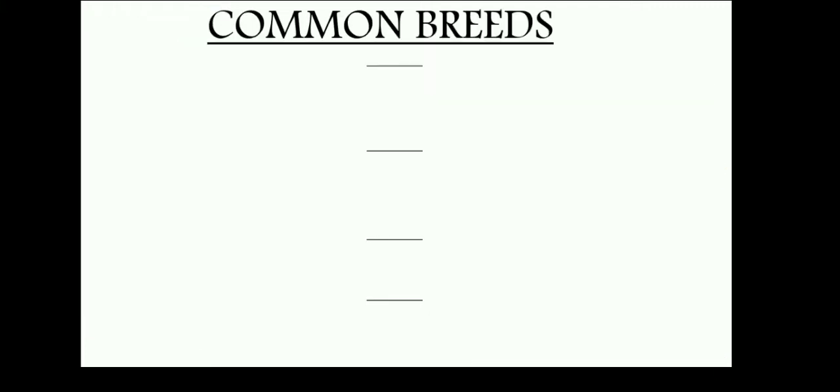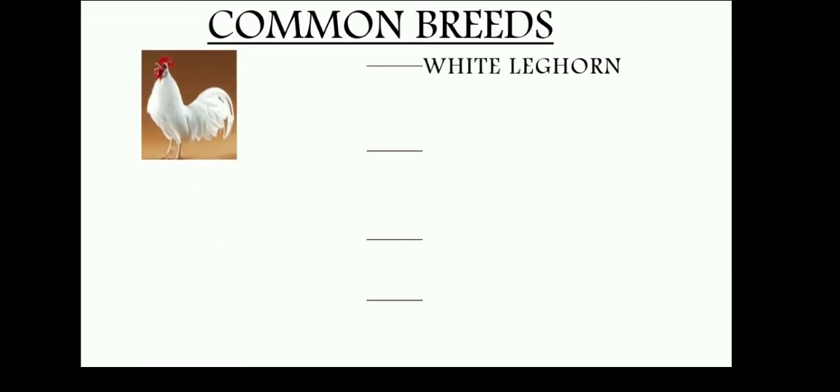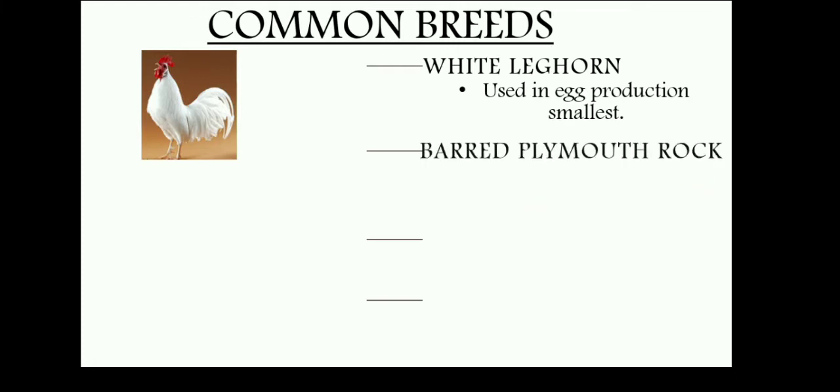So, common breeds. Next slide is common breeds. First is White Leghorn. This is the example, these are the pictures. It is used in egg production, the smallest. And second is Barred Plymouth Rock.